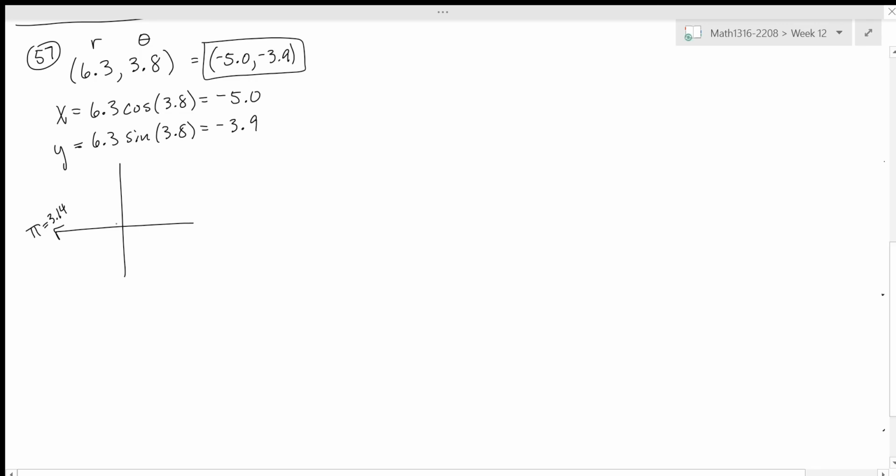And so that angle, 3.8 radians, is actually going to be in quadrant 3. Okay? So in quadrant 3 are X and Y both negative? And we feel good about our answer, right? Both of these should have been negative if we're in quadrant 3, and I feel good about that, okay?